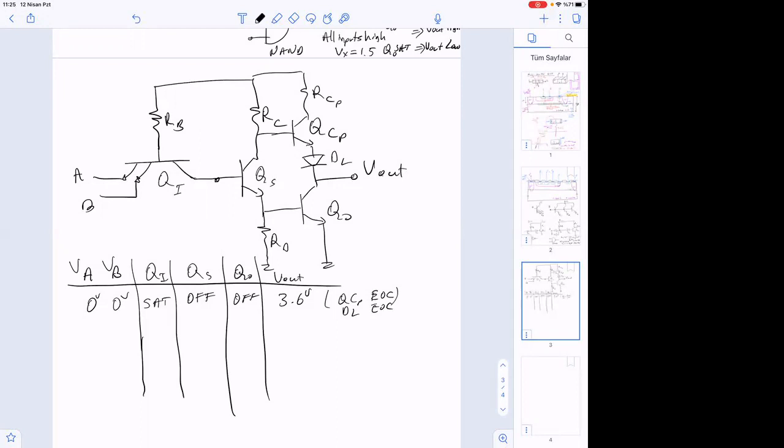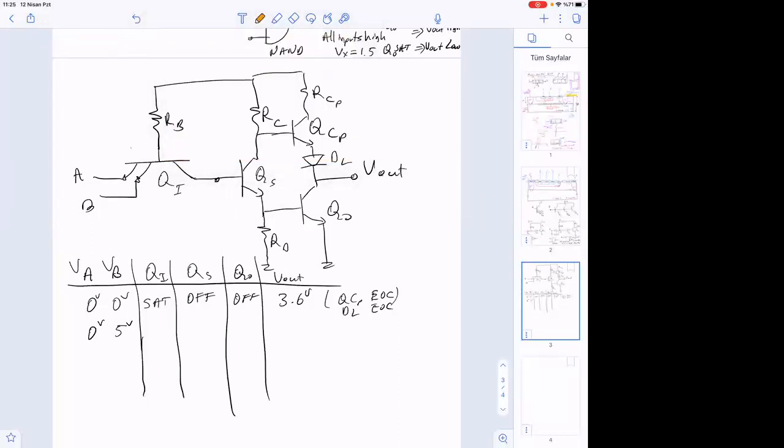Okay, so if one of them is 0, but the other one is, let's say, 5 volt. What is the transistor state? Saturation. Still saturation, right?